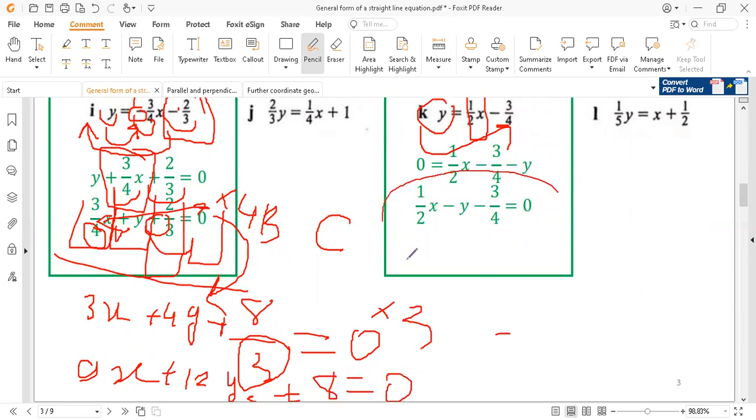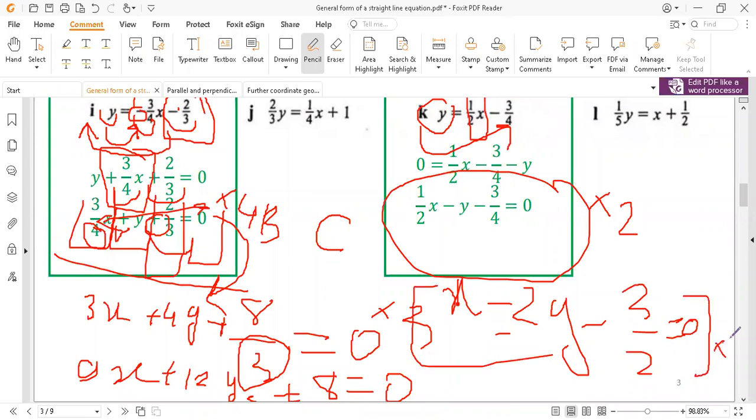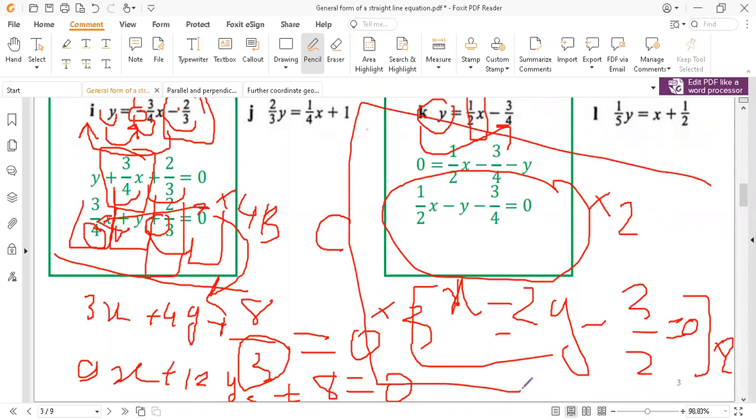In the same way here, we multiply first by 2 to obtain 1x, or x minus 2y minus 3 over 2 after simplification equal to 0. Again, we multiply by 2, or we can, in one step, multiply by the lowest common multiple, LCM of 2 and 4.